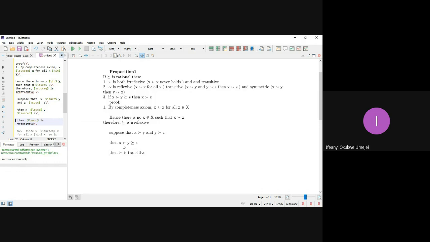Since it is preferred, because of this relation here, x is preferred to y, and y is preferred to z.